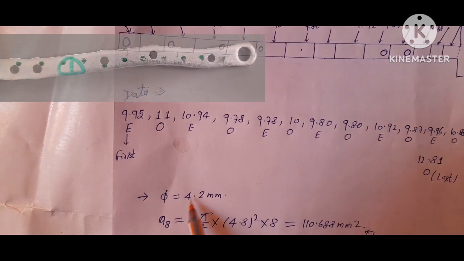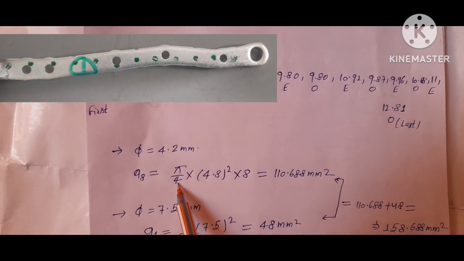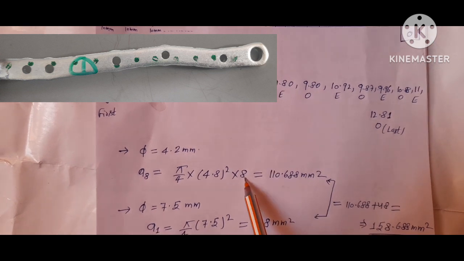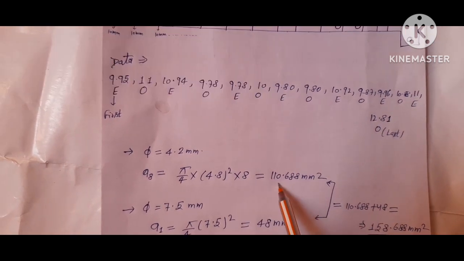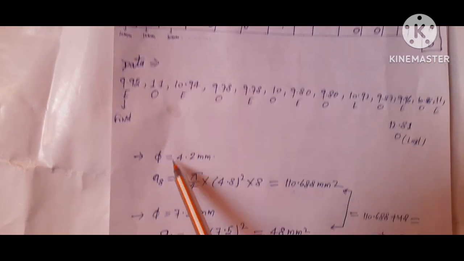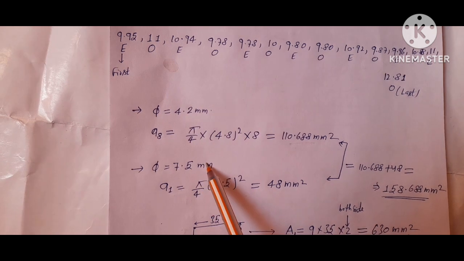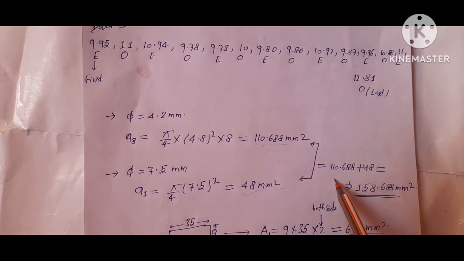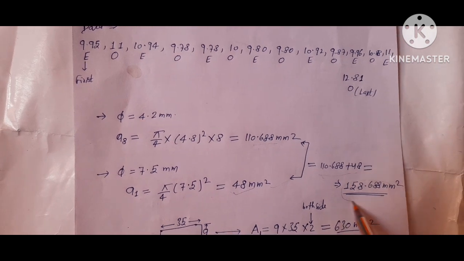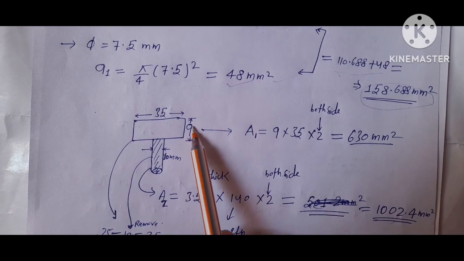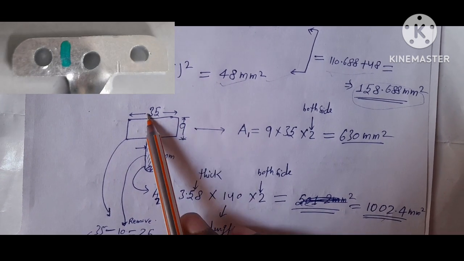Friends, this twisted plate link has 8 holes of 4.2 mm, so the area is calculated here and multiplied by 8 because of 8 holes. This small hole is here and this is a bigger hole, and this bigger hole is 7.5 mm and its area will be here. So after adding, this area will be counted in this. The upper portion area is 9 and 35.